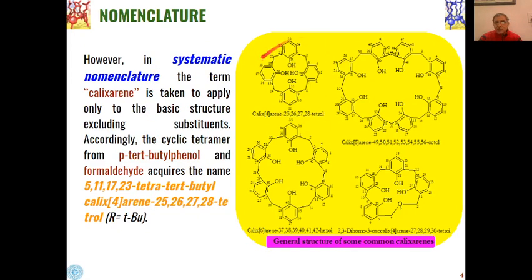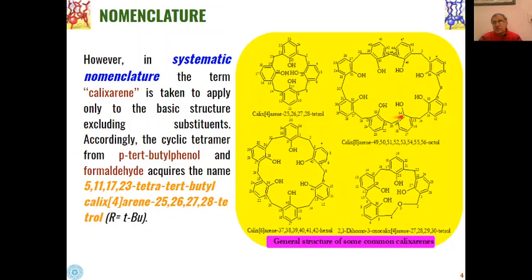Similarly, we can name different types of calixarenes. For example, this is the basic calix[4]arene, where 4 phenol moieties condense with 4 molecules of formaldehyde to give this type of calixarene, and this is calix[4]arene-25, 26, 27, 28-tetraol.